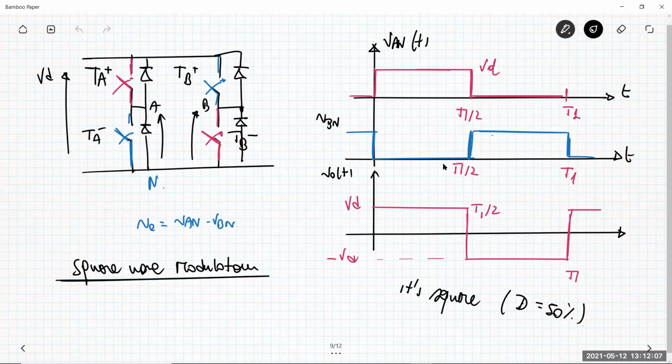Okay, the output is this one, and this is what we get independently of the frequency of the triangular waveform, and basically independently of the amplitude of the sine wave, if this amplitude is higher than that given by MA star.